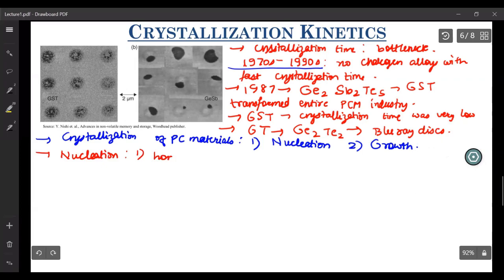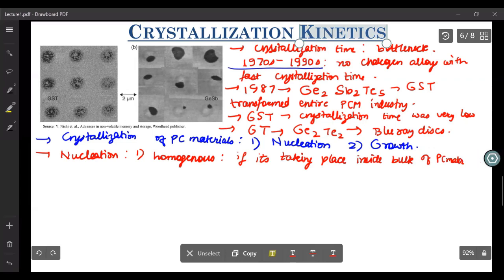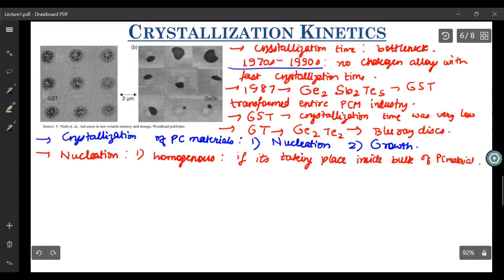First, homogeneous. What do you mean by homogeneous nucleation? If crystallization starts to take place inside the bulk of the phase change material. And then second is heterogeneous.